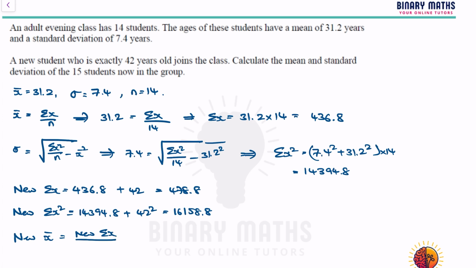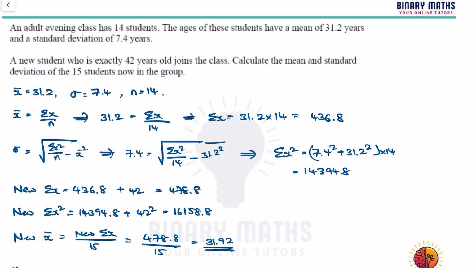So if I want to calculate the new mean, new x bar will be equal to new sum of x over new n, which is 15, because you add one more student. So it's going to be 478.8 divided by 15, which is equal to 31.92.